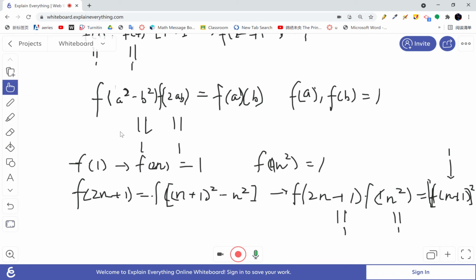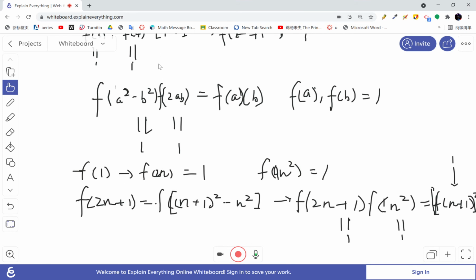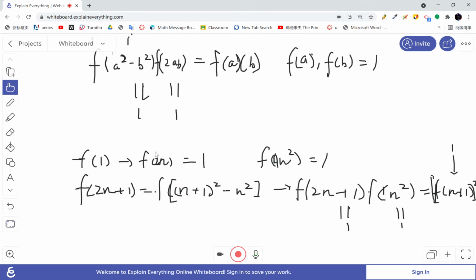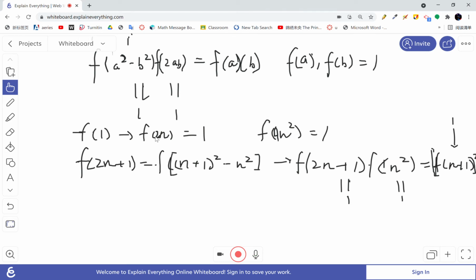Yeah, so I think we're kind of close, but we also have to prove that, yeah, is this done? F of 2n plus 1. So we know f of 1 to f of 2n, then this is done.